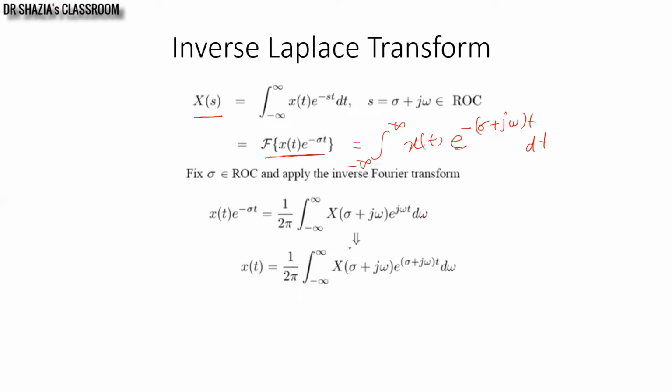Multiplying on the other side by e to the power sigma t, the equation can be rewritten. So the inverse Laplace transform can be calculated as x of t equals 1 by 2 pi j integration from minus infinity to infinity of x of s e to the power st ds.